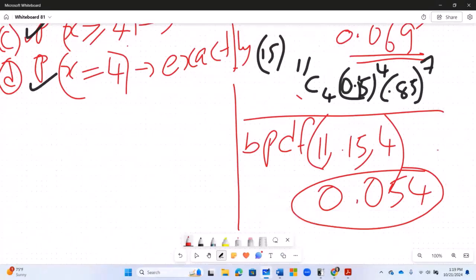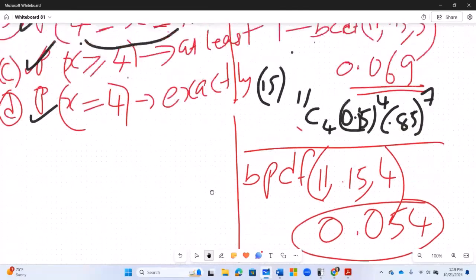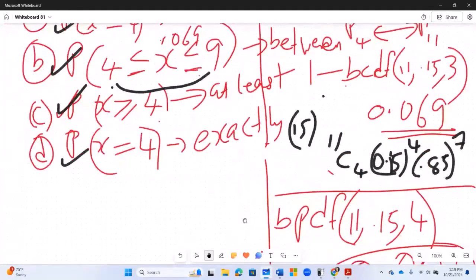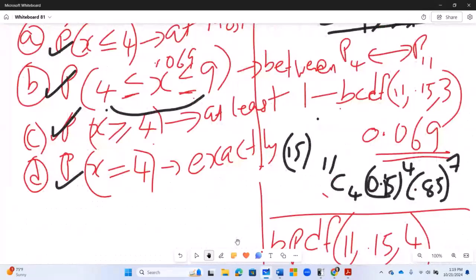So this is a review of binomial distribution, where I am given exactly, at most, at least, and between. At most is less than or equal to, at least is greater than or equal to, between is just between.